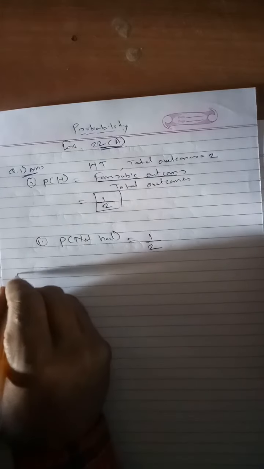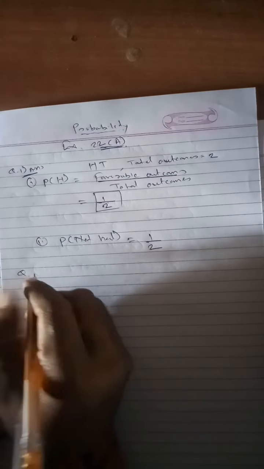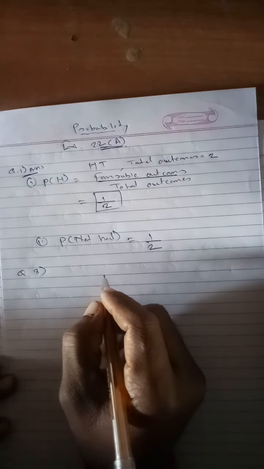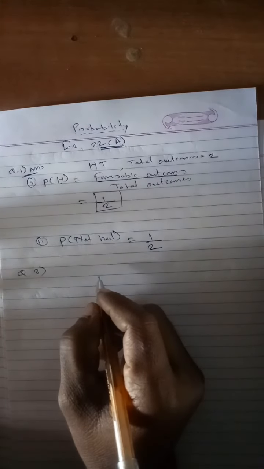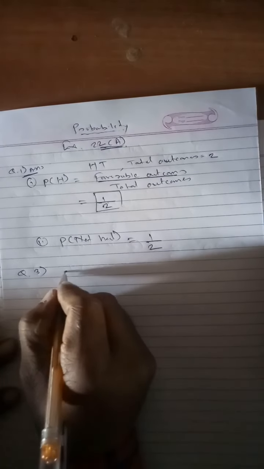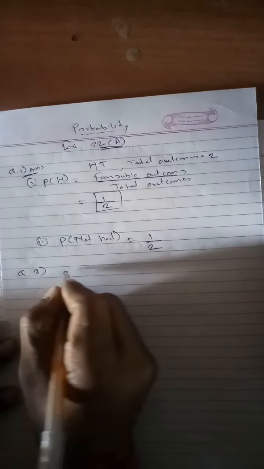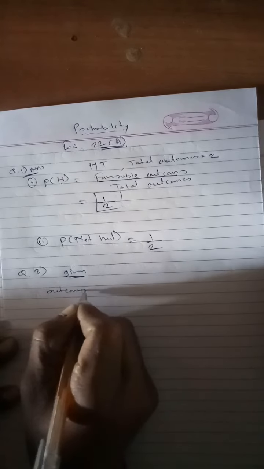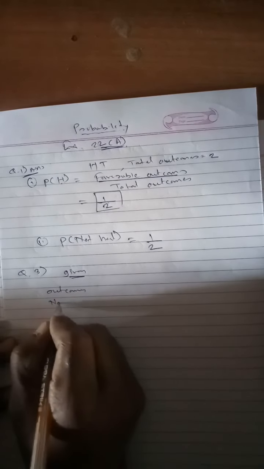Question 3 we will see now. Same type of questions you can solve. Question number 3. A die is thrown 20 times. What we have been given: outcomes and number of times.